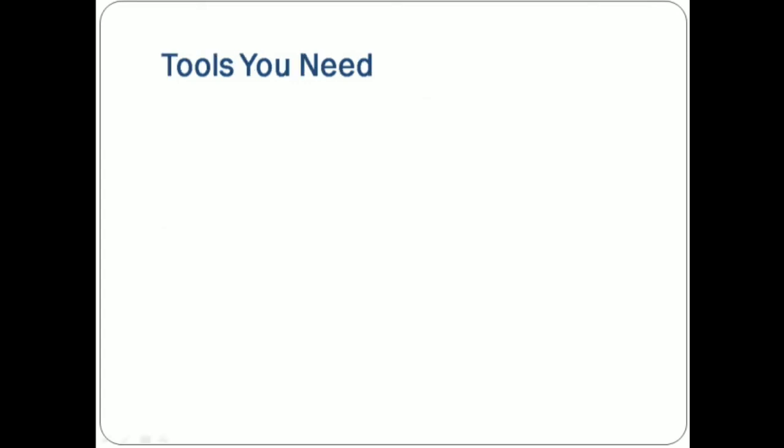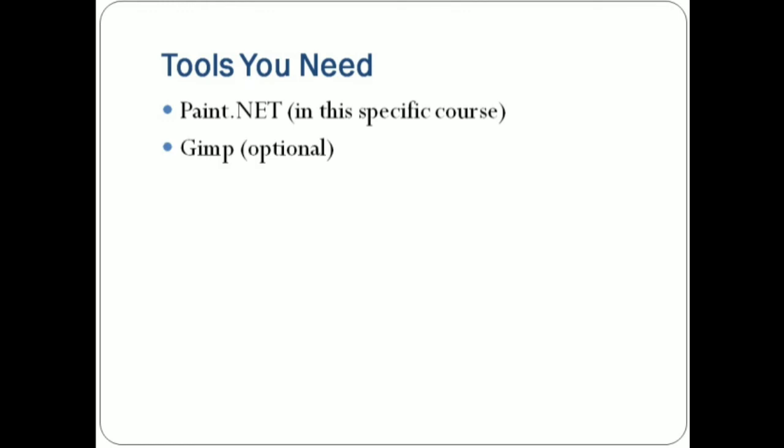So with that said, let's talk about the tools that you're going to need. You're going to need Paint.net in this specific course, of course. Now, keep in mind that the concepts that I'm going to teach you can apply to just about any other tool. They can apply to Adobe Photoshop. They can apply to GIMP. Let's say, for example, that you want to use something like GIMP.